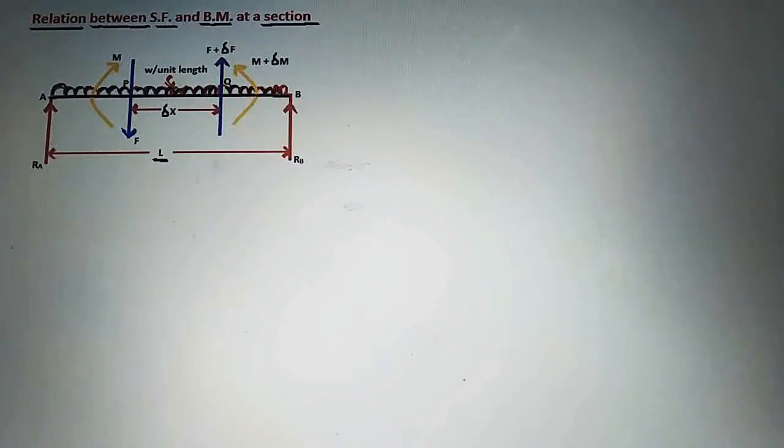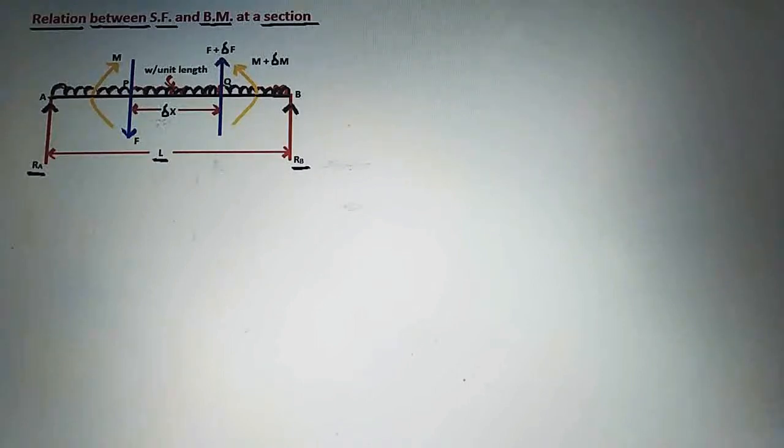At end A and at end B there are two supports which have reactions RA and RB. So RA and RB are the reactions at supports at end A and at end B.